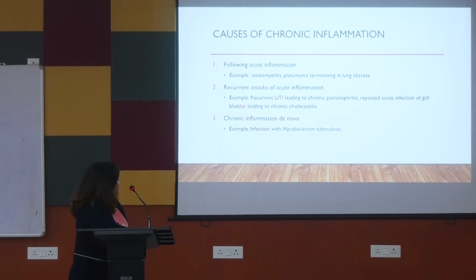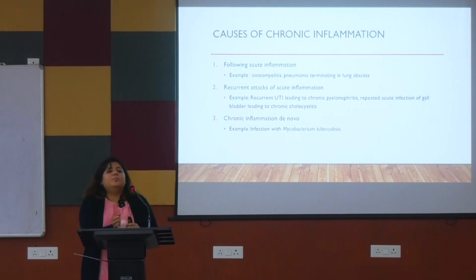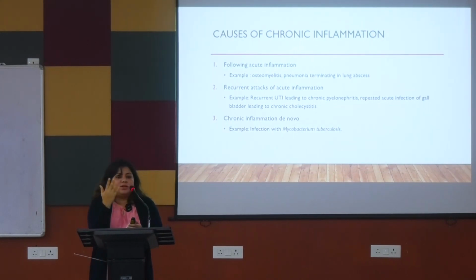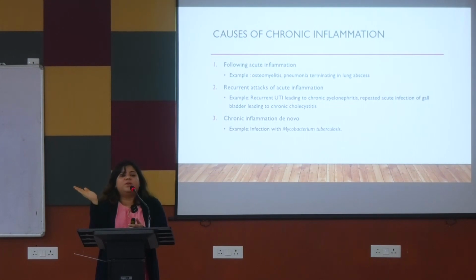Apart from that, recurrent attacks of acute inflammation. Now, say, like someone said, cholecystitis. So what happens is the gallbladder is repeatedly attacked by many, say, microorganisms, right? So the gallbladder goes into a chronic phase of inflammation, chronic cholecystitis.